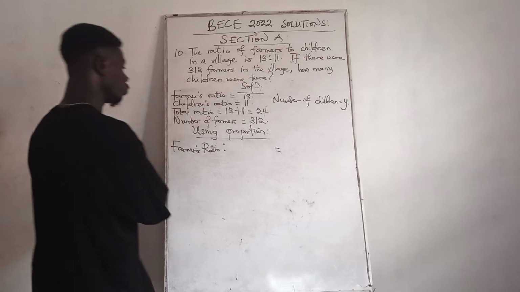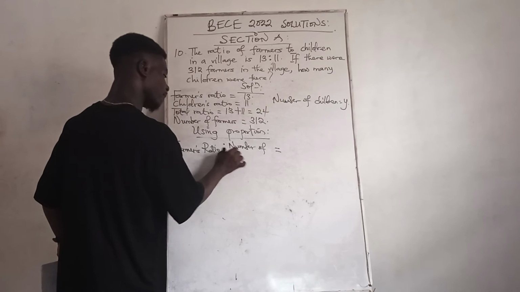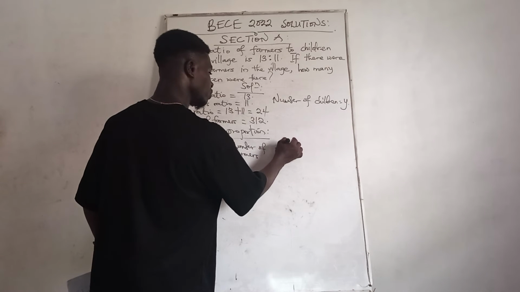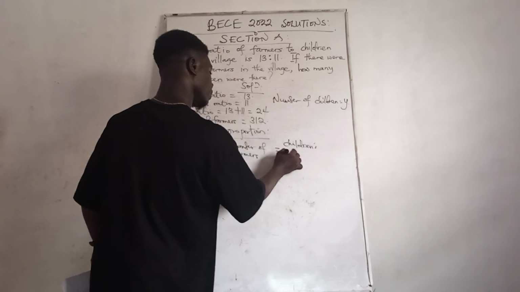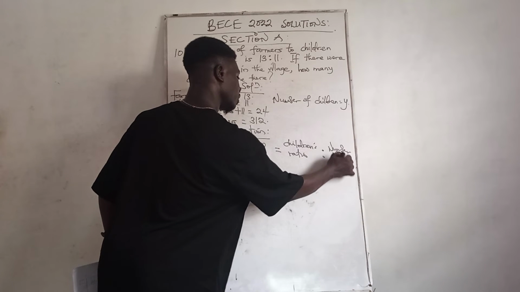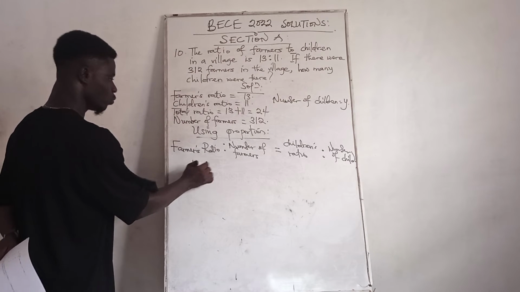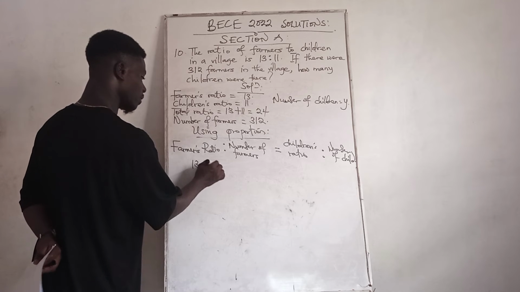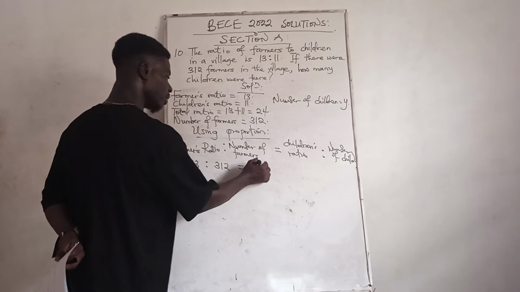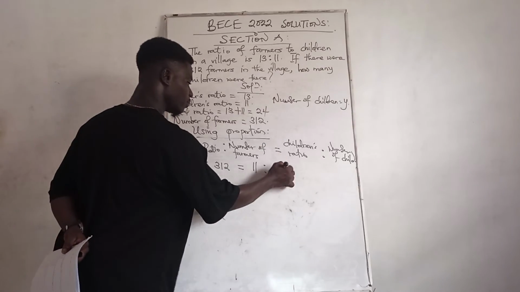Farmers ratio to number of farmers, which must be equal to children's ratio to the number of children. Right? So now farmers ratio, which is 13, to number of farmers, which is what? 312, which must be equal to children's ratio, which is what? 11, to number of children. We represented it by what? Y. So we have that.